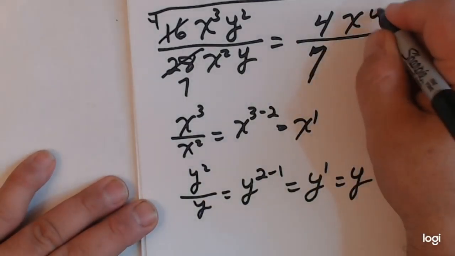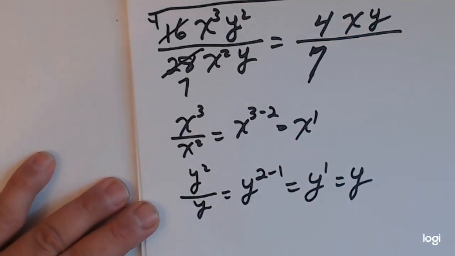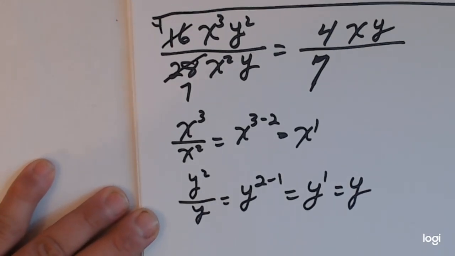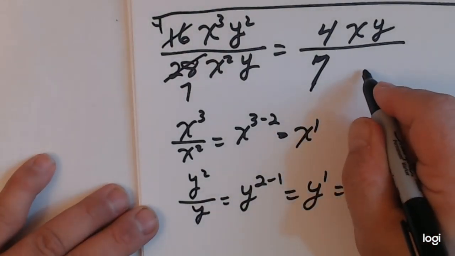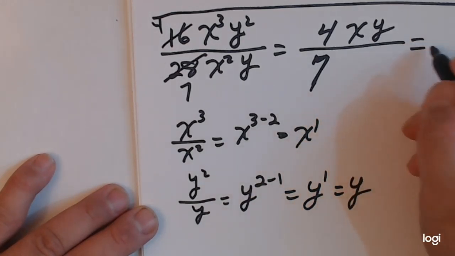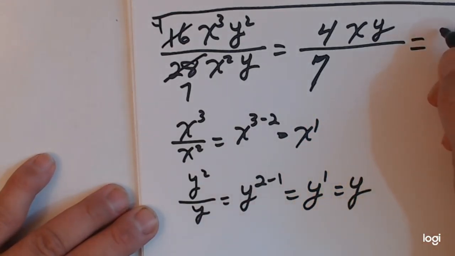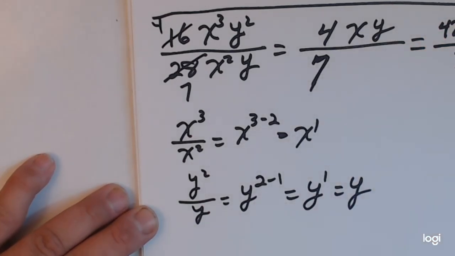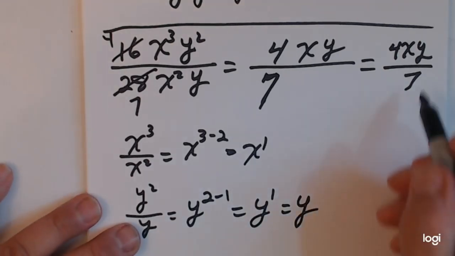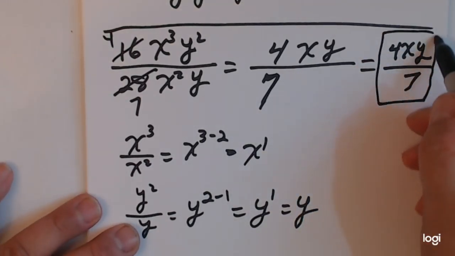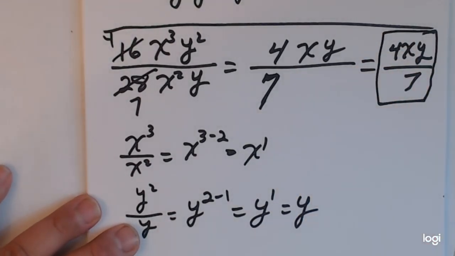So we're going to wind up with a y over here. So if we want to clean this up and write this a little bit neater, we can do 4xy over 7. 4xy over 7 right there.